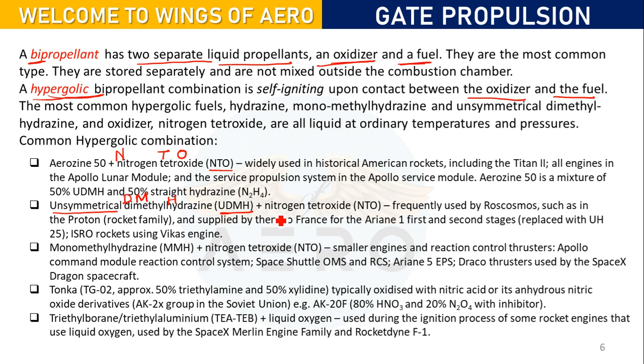This is another combination with the nitrogen tetroxide, NTO. This is the fuel, and they can also ask which one is the fuel and which one is the oxidizer. Unsymmetrical dimethyl hydrazine is the fuel and nitrogen tetroxide is the oxidizer.